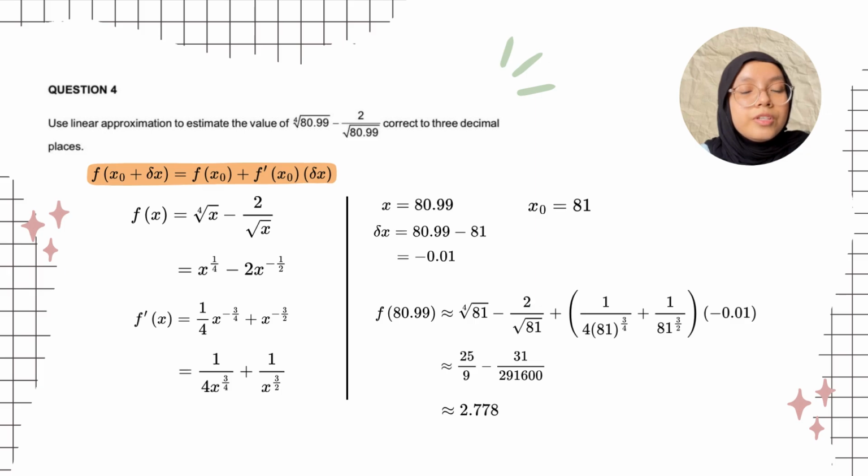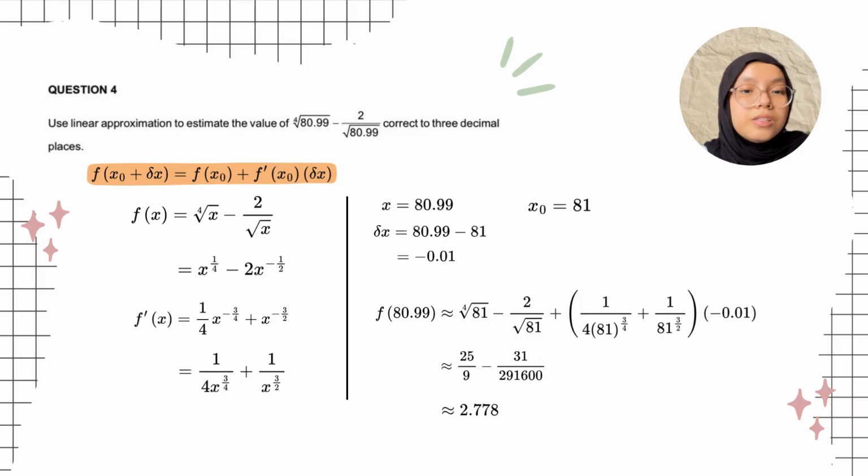Next, we will differentiate f(x). f prime of x is equal to 1 over 4x to the power of 3 over 4 plus 1 over x to the power of 3 over 2. As we know, x is equal to 80.99.